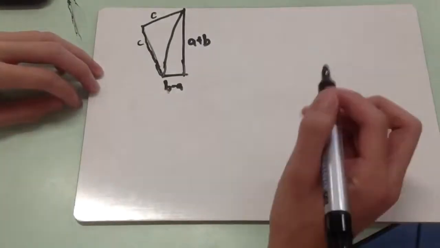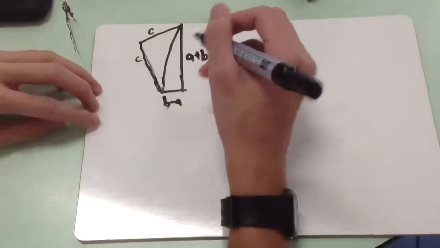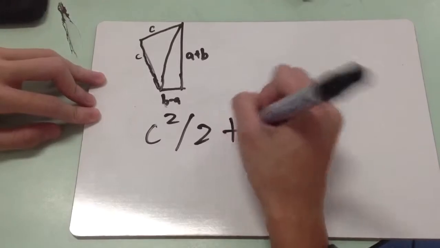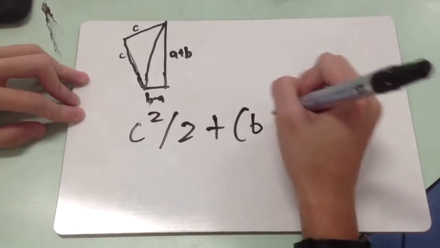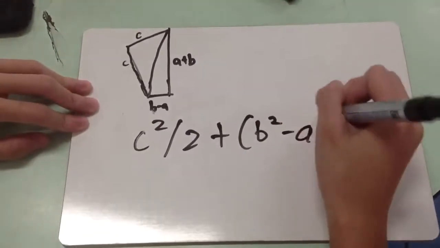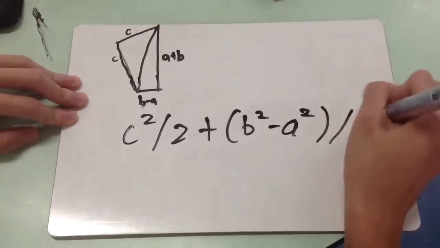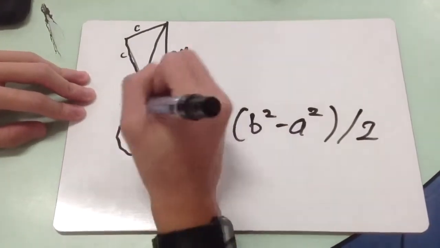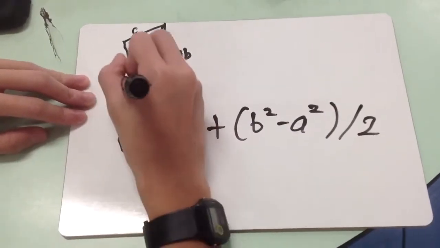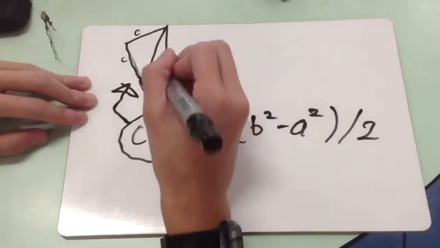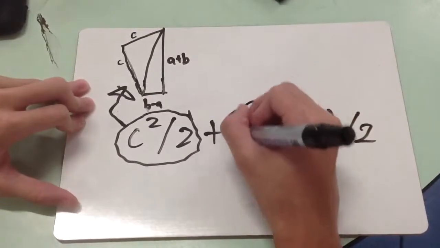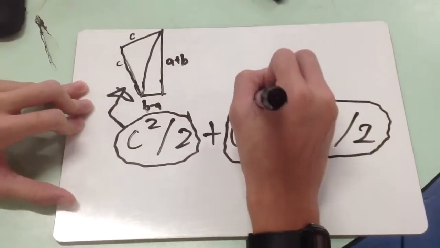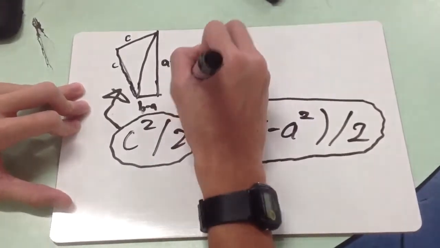As I said earlier, the area of the two triangles is c squared over 2 plus b squared minus a squared over 2. This c squared over 2 is the area of this one right triangle, while this b squared minus a squared over 2 is the area of this right triangle.